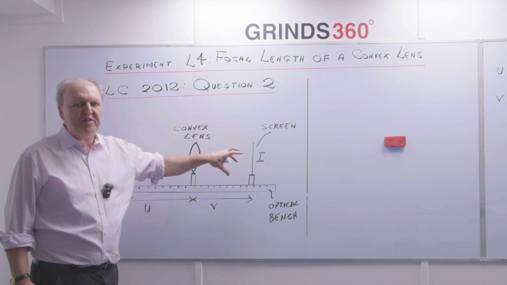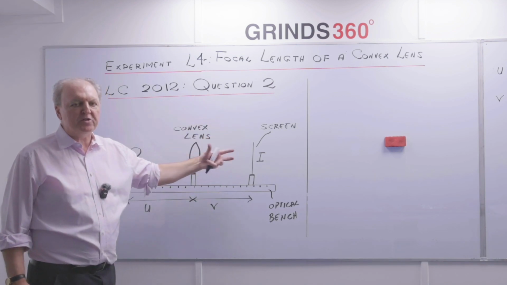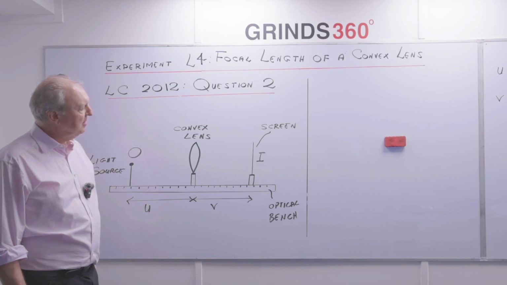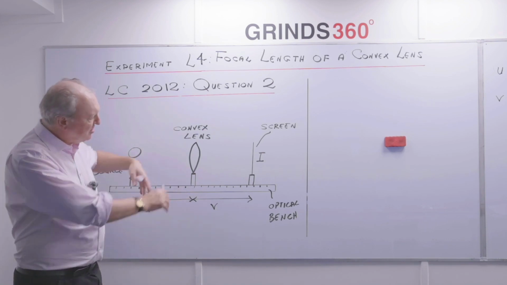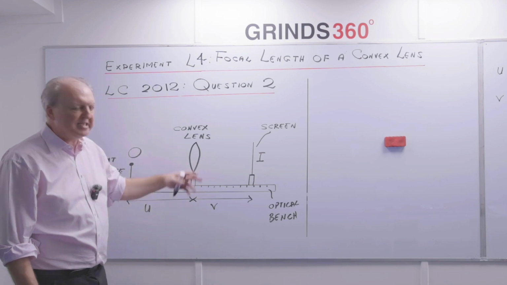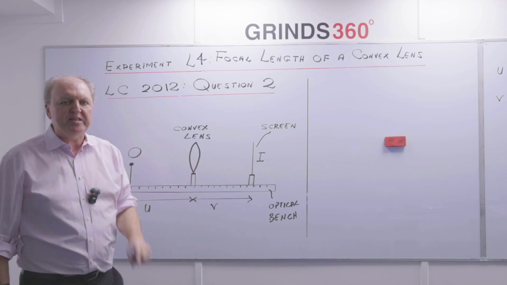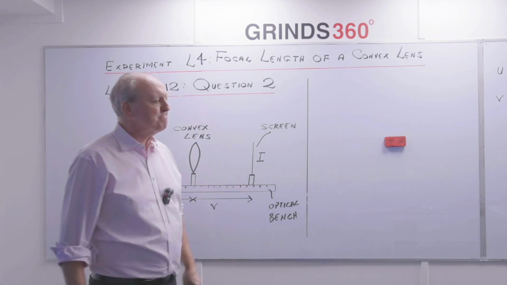The solutions for that are written down in the solutions section of your notes, but that's what they're asking you. How did you obtain the data? Don't start talking about how you put everything together and so on. So always read the question very, very carefully.